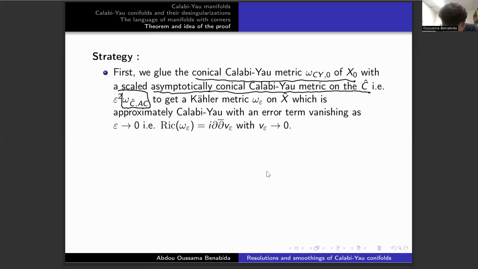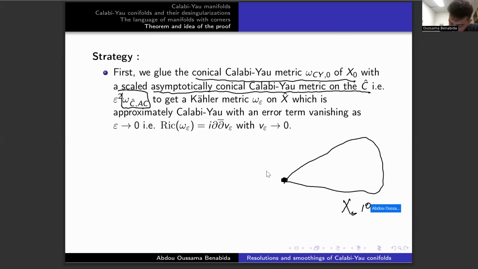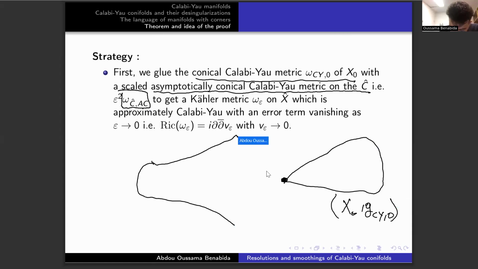So basically we have this x0 with its conical metric. And this is C hat with its asymptotically conical metric.